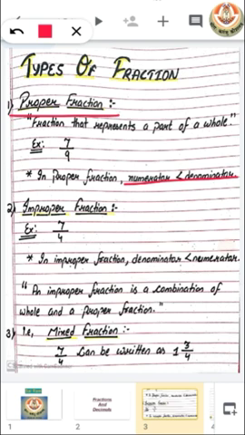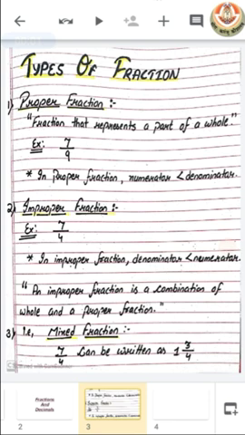Now let's go to the improper fraction. An improper fraction is exactly opposite to the proper fraction. In a proper fraction the numerator is smaller and the denominator is greater, whereas in an improper fraction the denominator is smaller and the numerator is bigger.